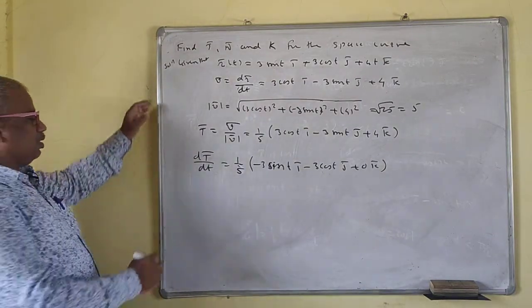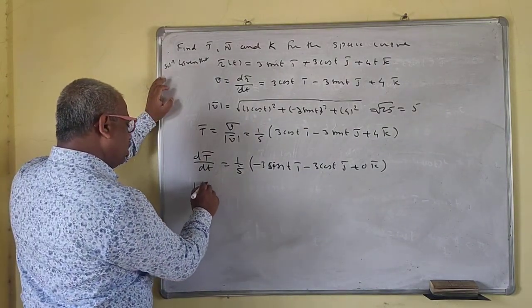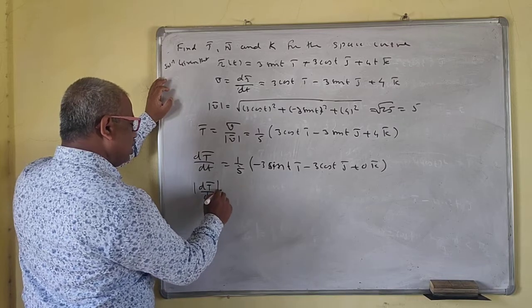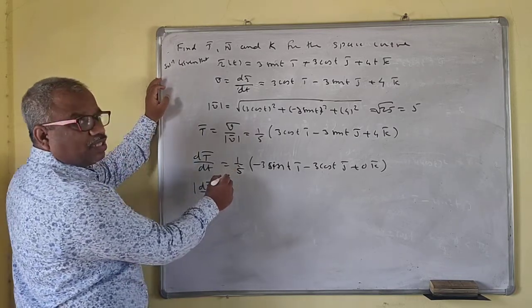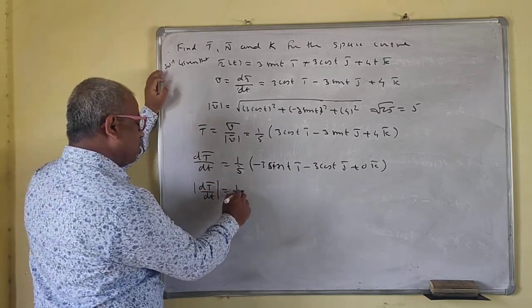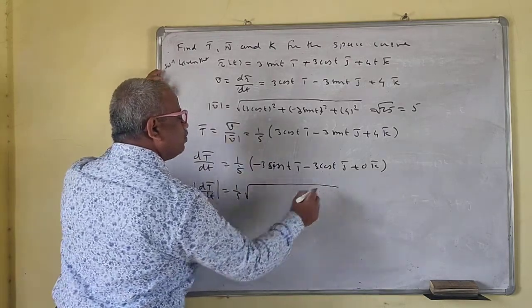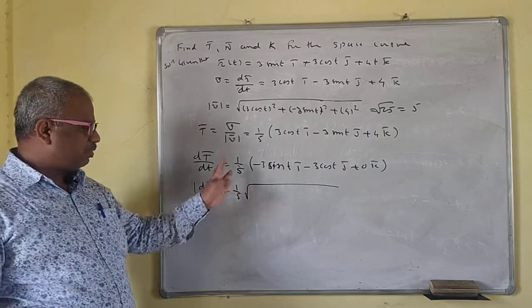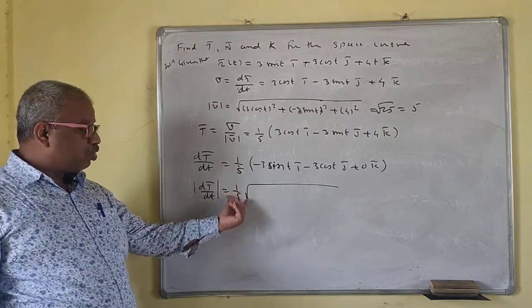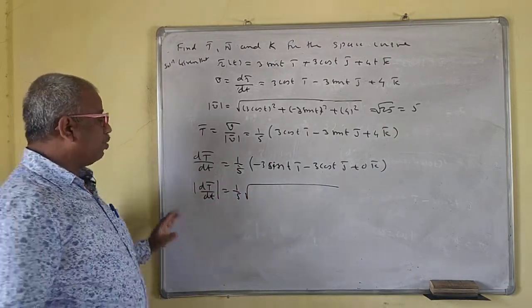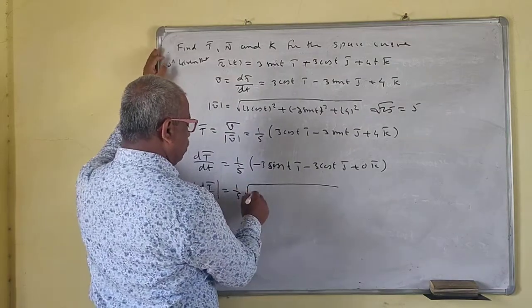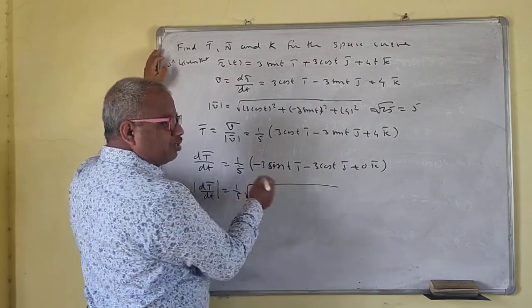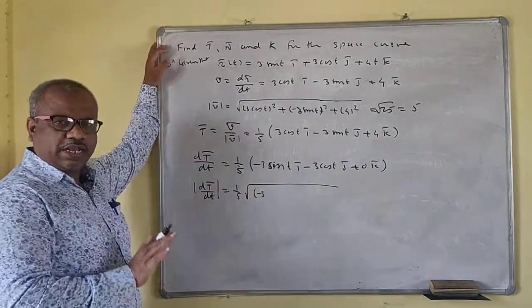So mod of dt bar by dt. You have to take the magnitude of this one. We are not taking minus common, so the 1 by 5 is positive.